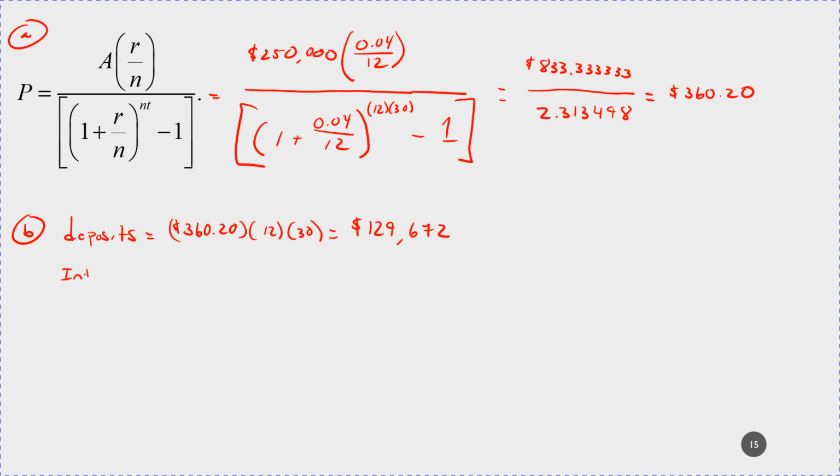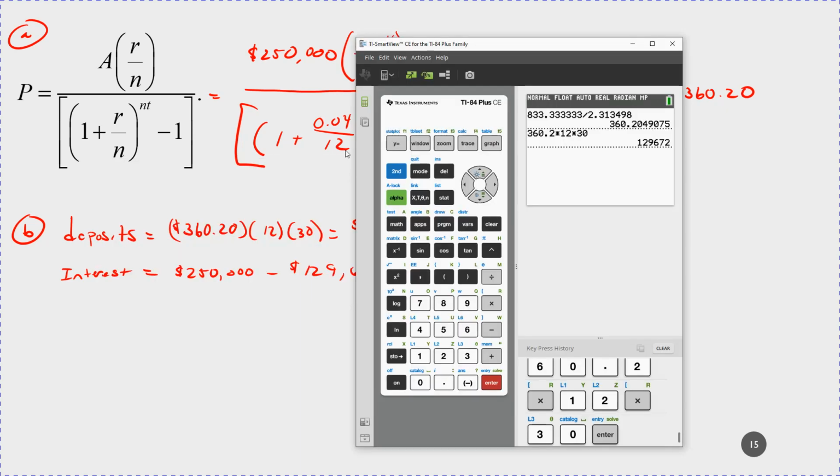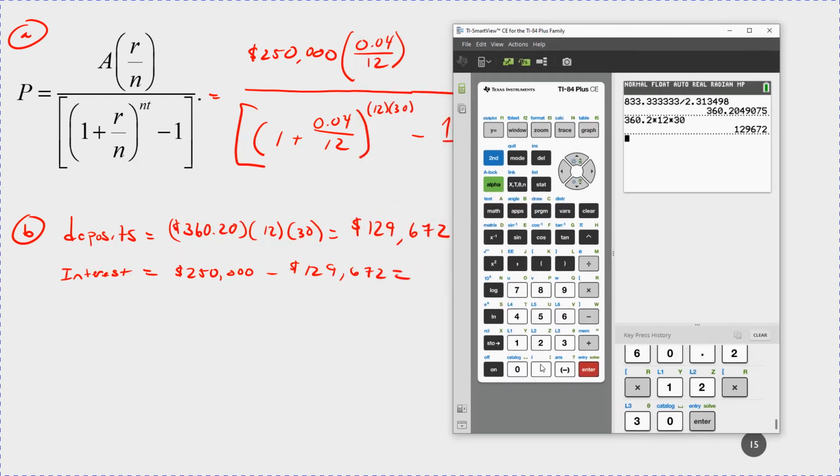So how much did you make in interest? Well, again, how much did you want to have saved? You wanted to have saved $250,000, and you subtract away how much you made in deposits. So it looks like you made a lot in interest here.